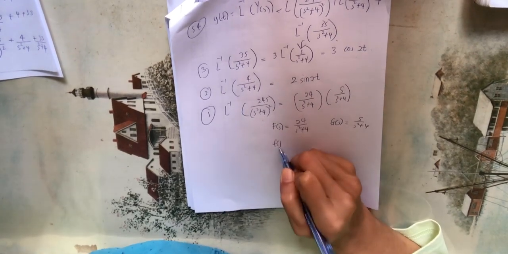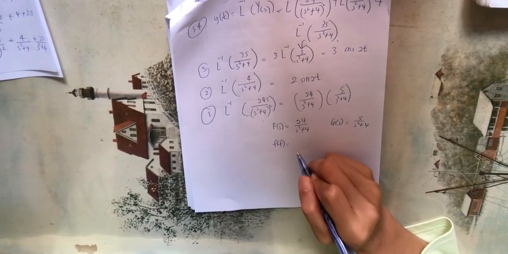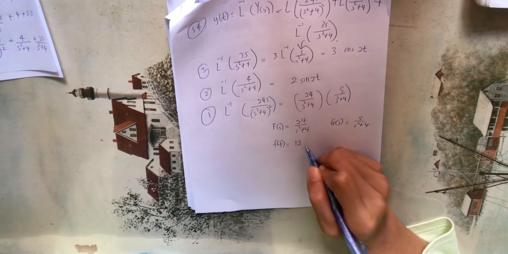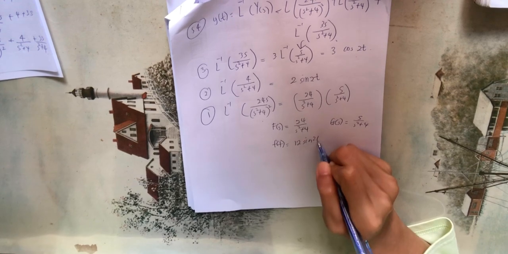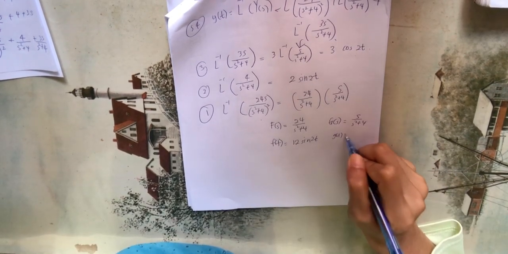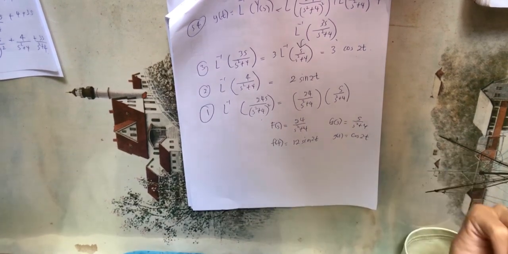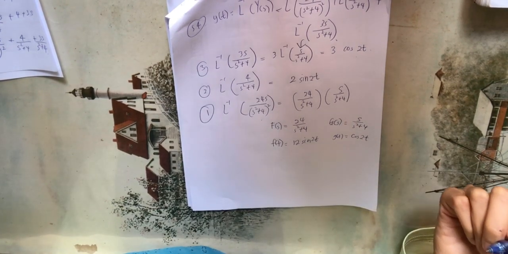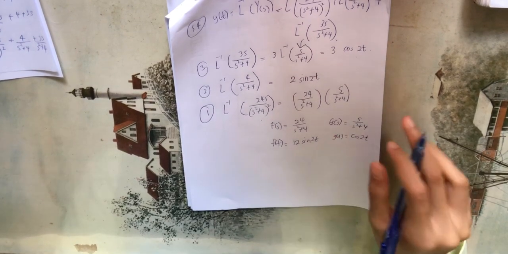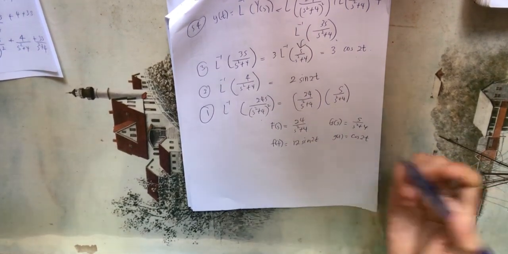So what is your ft here? Your ft would be 12 sine 2t, and then your gt will be cos 2t. Again, I don't want to explain how I get this one; it's just using the table.